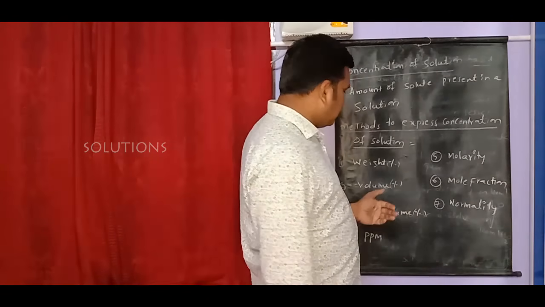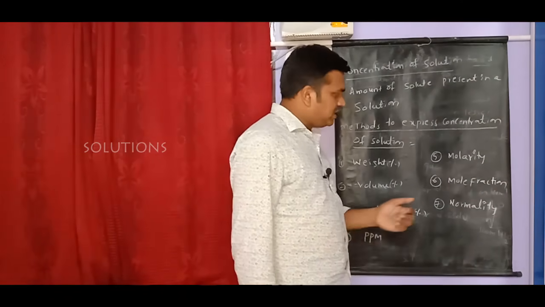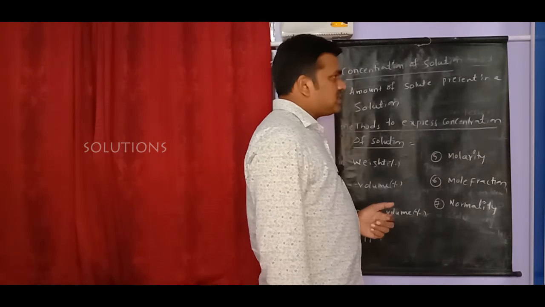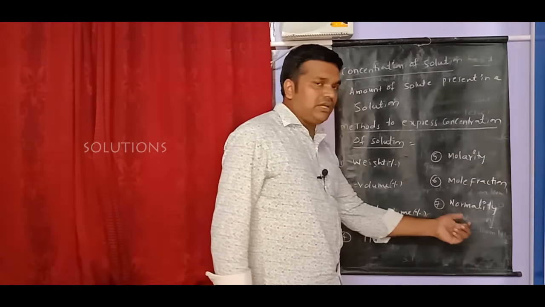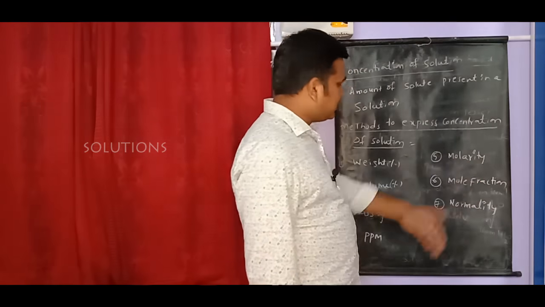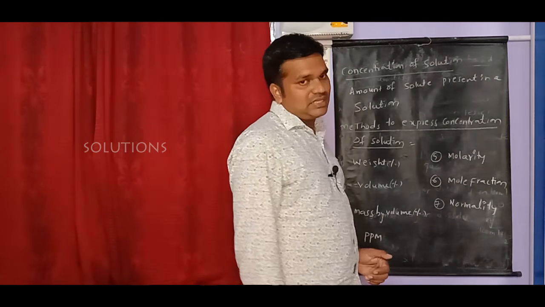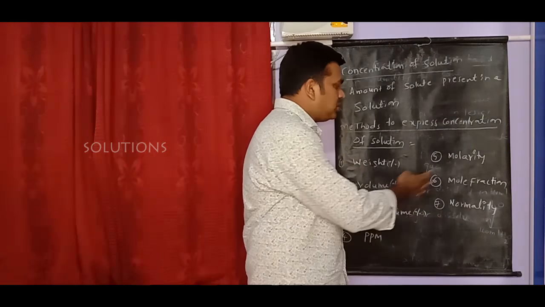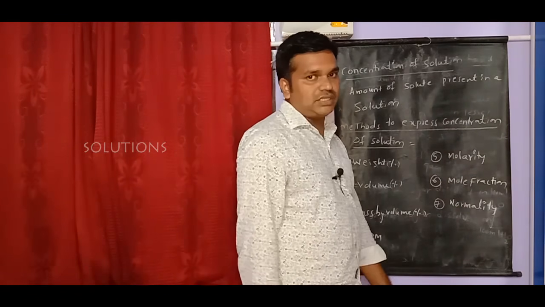In the first PU you already know some of the concentration terms. Maybe mole fraction, molarity, volume percent, weight percent and normality also you know. So we have to discuss each and every term of this concentration, how to express the concentration, since maybe you are using all of these concentration terms.